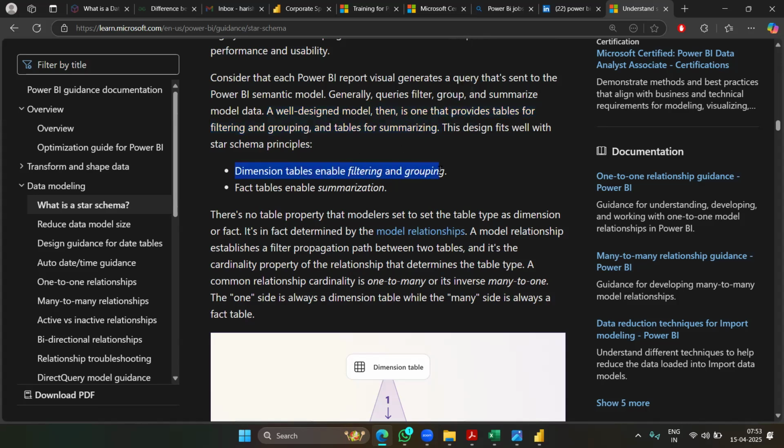Dimension tables enable filtering and grouping. If you want to group total sales by product, by customer, or by an entity, then dimension tables help us. Similarly, we have a fact table for summarization.